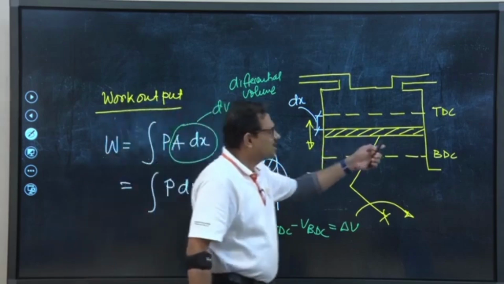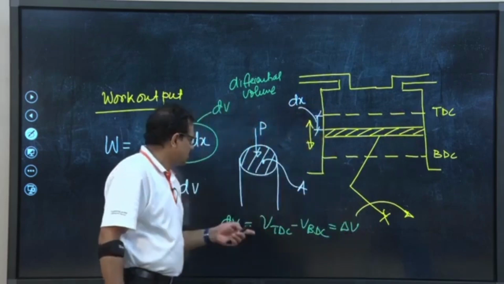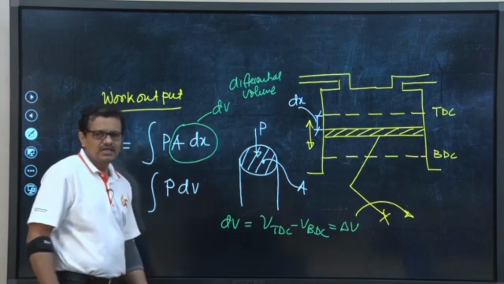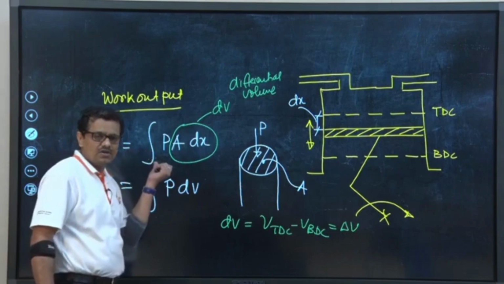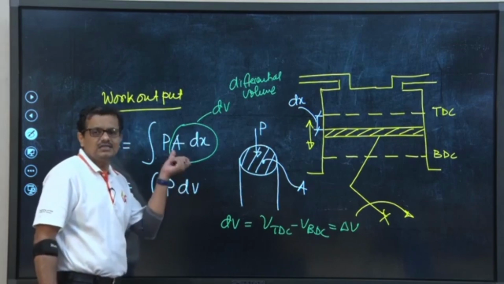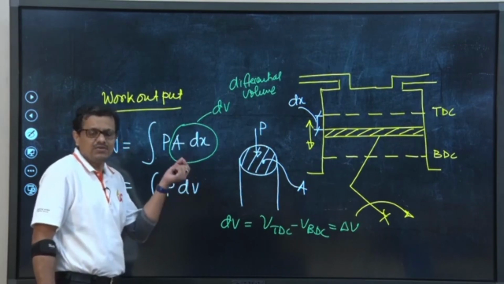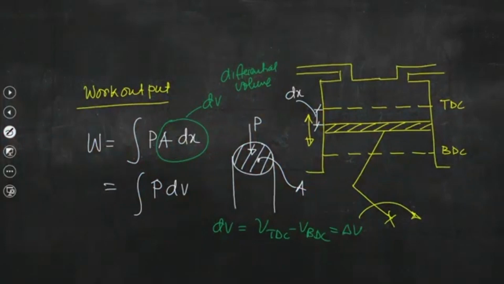So, for multi-cylinder engines, instead of writing the expression of work done in this form, it is better to write it in the specific form, that is to analyze the engine cycles per unit mass of the gas in the combustion chamber. So, we can write this small w, that is W by M, equal to P small dV.